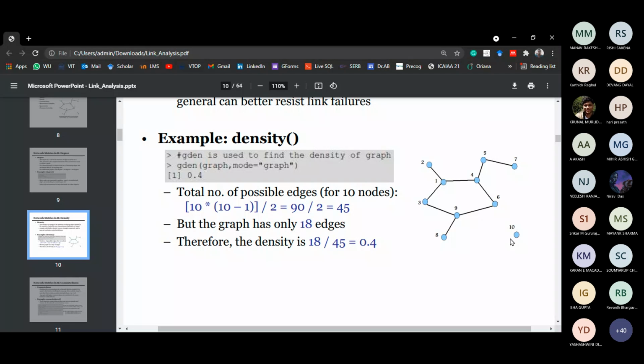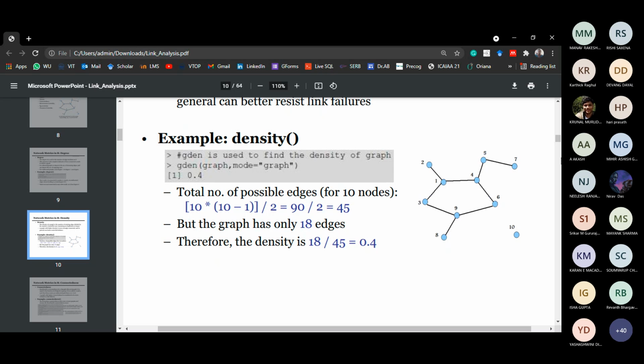Out of 9, this one can never be connected. So 1 to 2, there will be one connection, 1 to 3, 1 to 4. How many connections can this make? It can make 8 connections. So you have to compute for every node how many connections it can make.